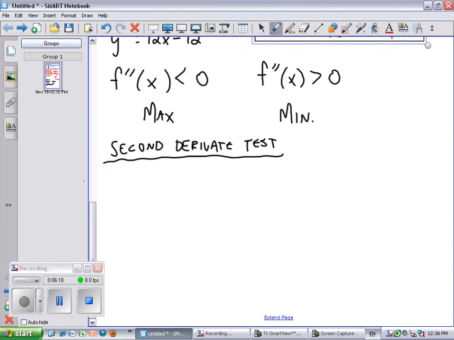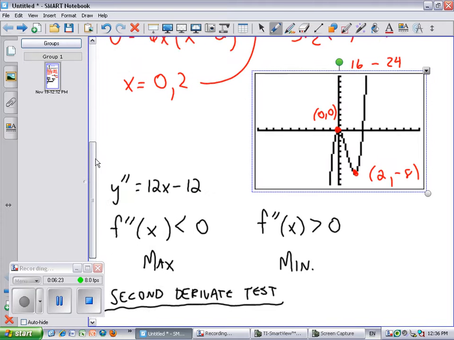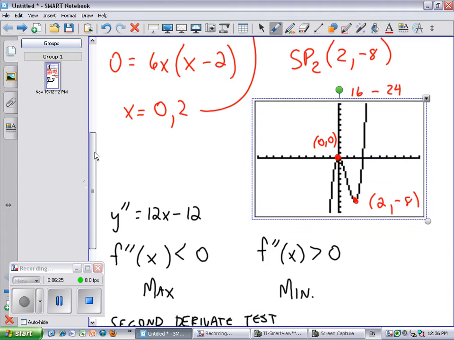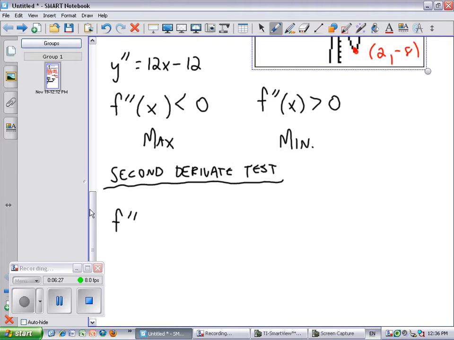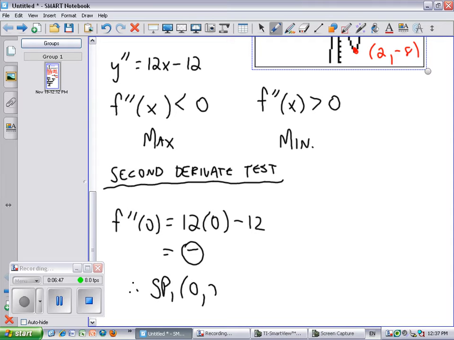F double prime of our first stationary point, which was 0, would be 12 times 0 minus 12. Notice that that solution is negative. So the second derivative test tells us that therefore SP1 at 0, 0, because the second derivative was negative there, we must have a maximum.